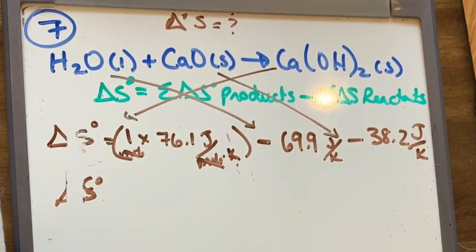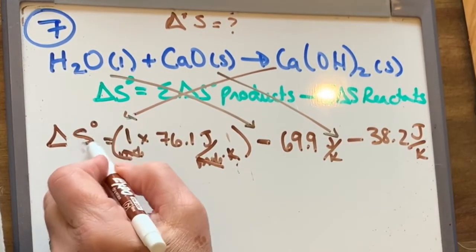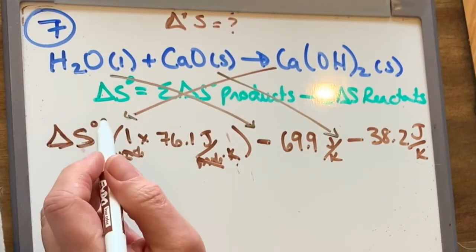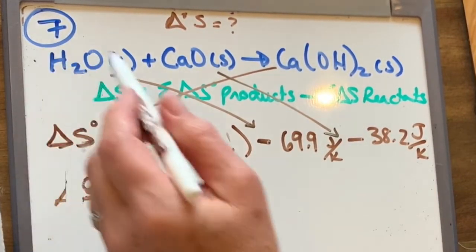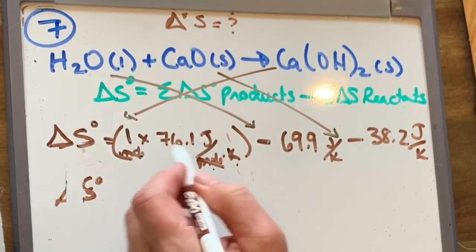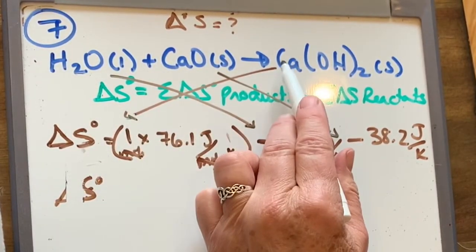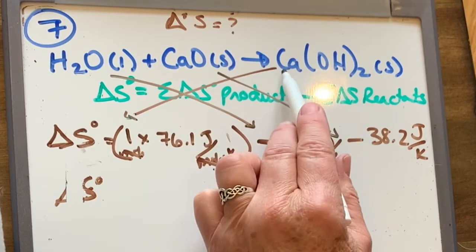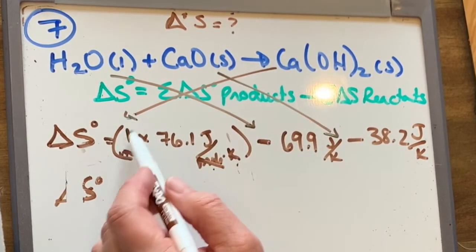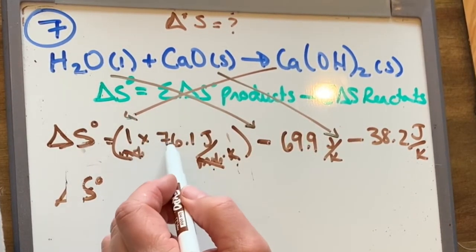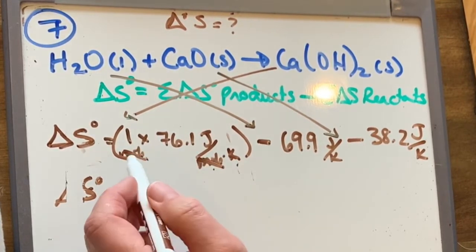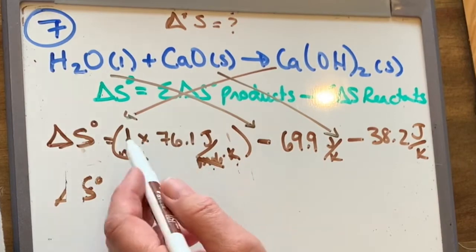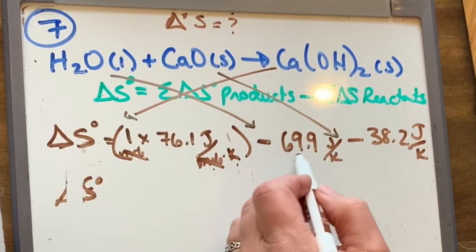I went ahead and put those down so it'd be easier. Remember that we're looking at the stoichiometric coefficients to help get rid of the moles. So in this case, it's 1. There's only 1 mole of this, or 1 item. So we're going to put 1 mole times 76.1 joules over moles times Kelvin. That means we can get rid of the moles. So I went ahead and did that already for these two.